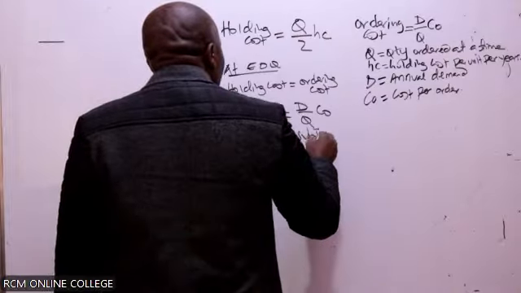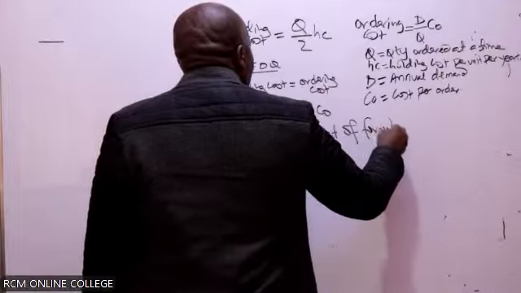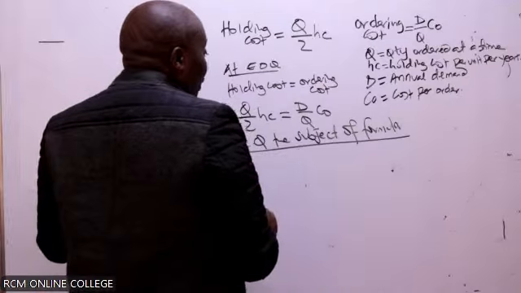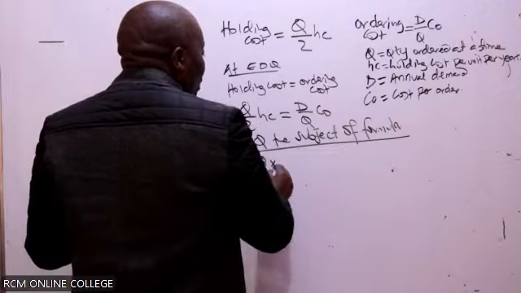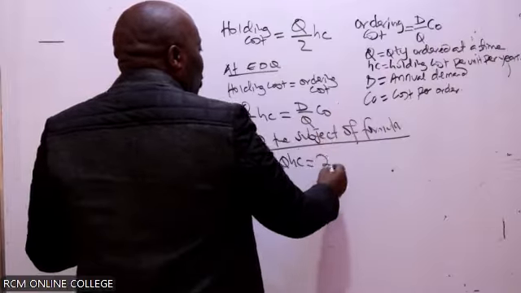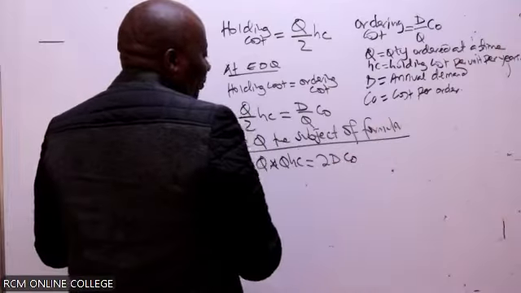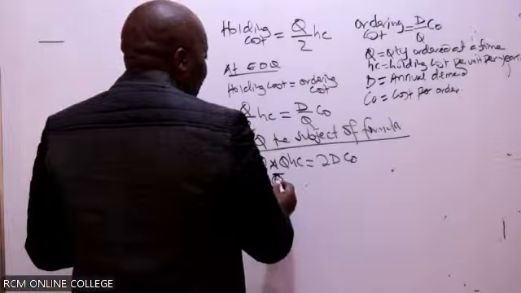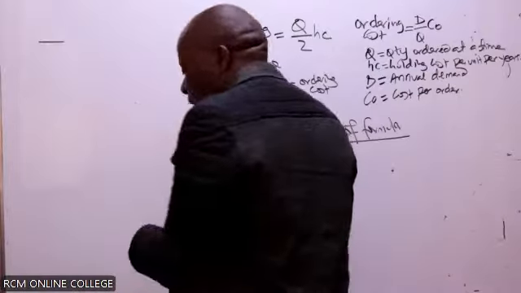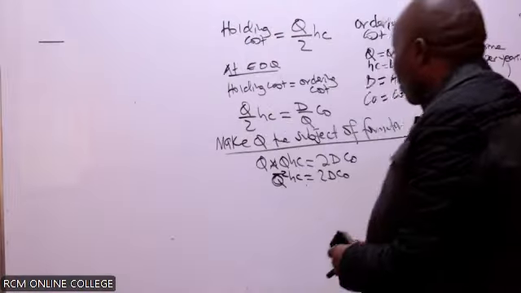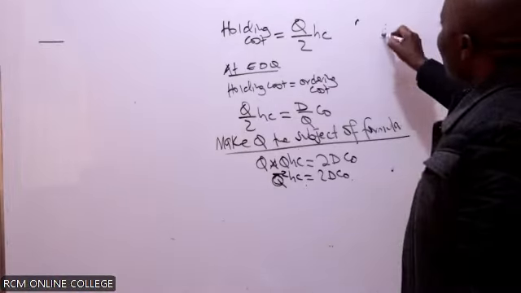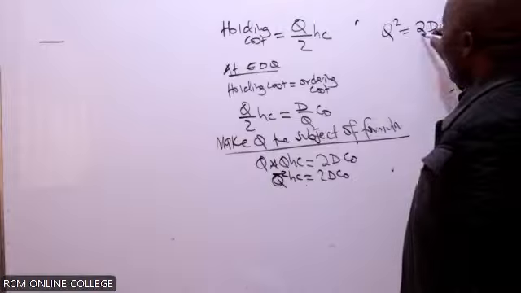If you try cross multiplying, it will be Q times Q HC, and the 2 will go to the other side: 2 D CO. So this will be Q squared HC equals 2 DCO, meaning that Q squared will be equal to 2 DCO over HC.